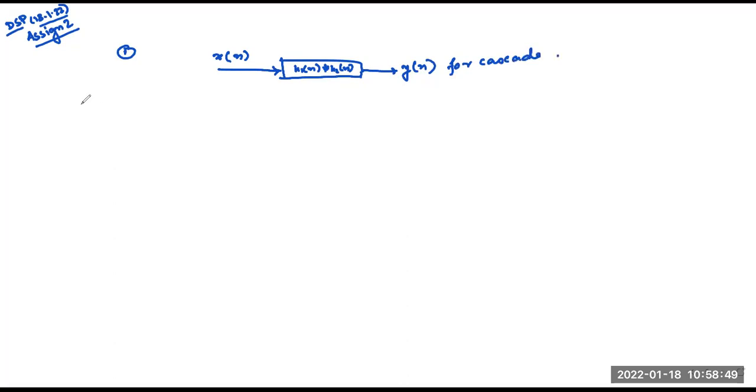You have to prove. Next is our assignment that for a parallel connection, the overall impulse response of two parallel connected discrete time systems is given by the sum of individual impulse responses, that is h1(n) plus h2(n), that is y(n) for parallel.